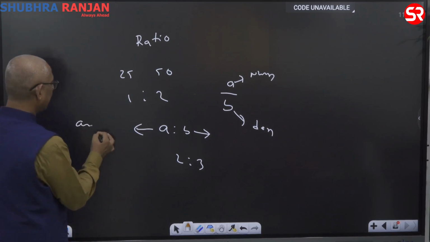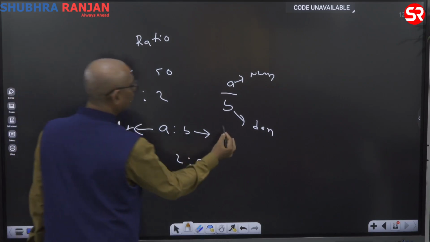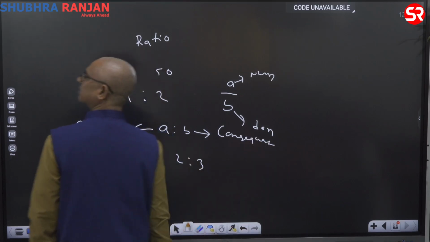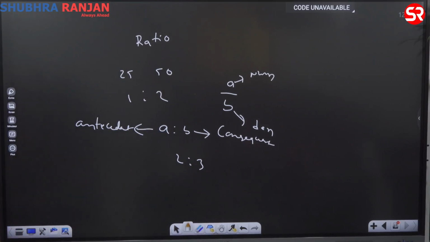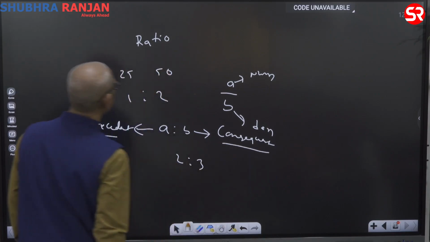Antecedent, and B is consequent. Okay? Any issues? Remember these terms, antecedent and consequent.